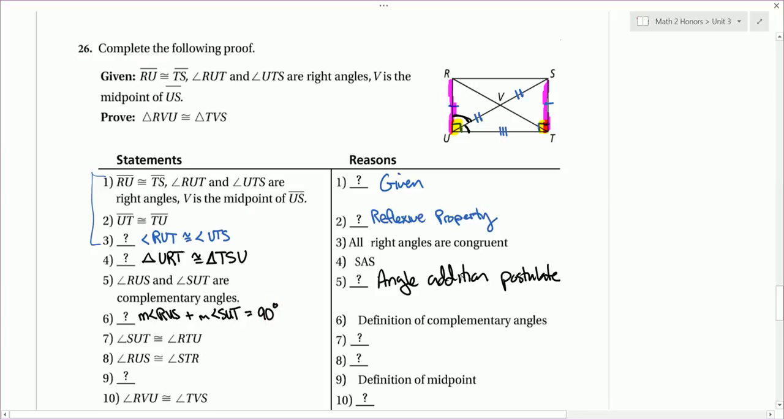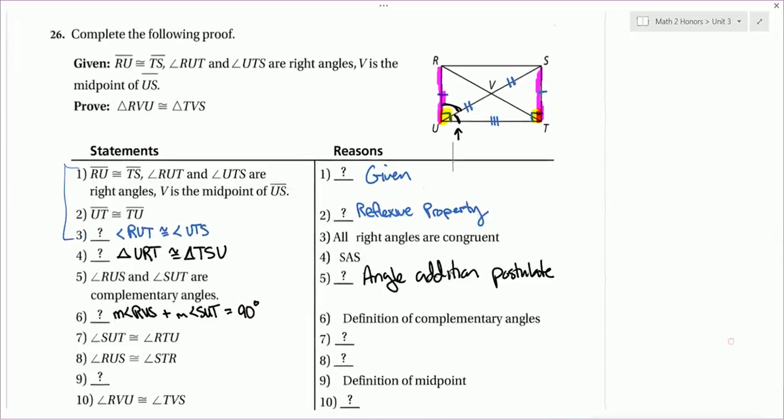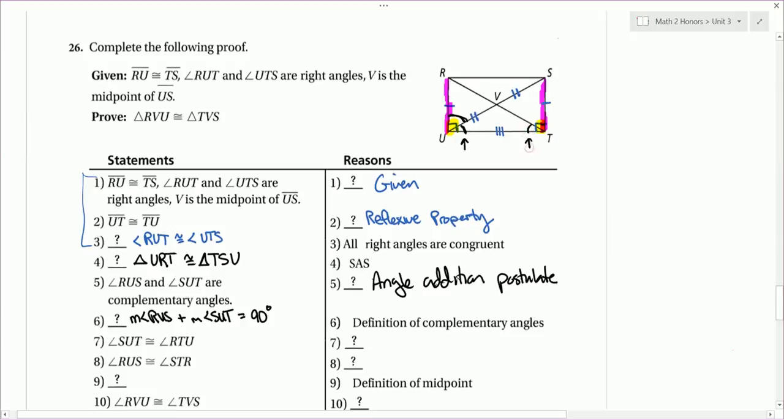7, angle SUT is congruent to angle RTU. So let's find those. SUT, we've already drawn that in. That's right there. It is congruent to RTU, right there. And that we've already established by number 4.